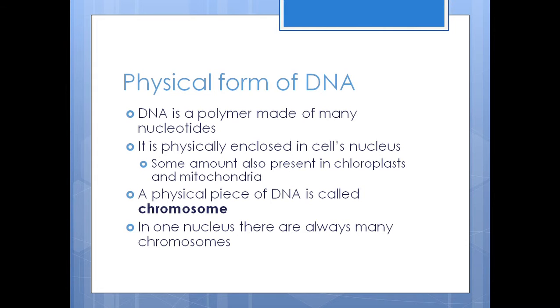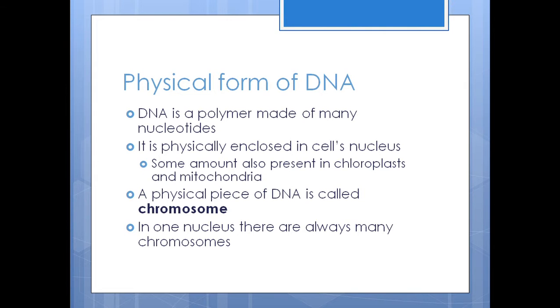And due to the fact that this is a particular chemical substance, you can look at the single molecule of DNA. Such a molecule will have a shape of a double strand. If you look at DNA which is in the nucleus, a physical piece of DNA, such a double strand which can be distinguished from other pieces of DNA is called a chromosome.